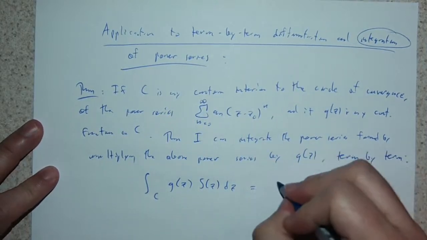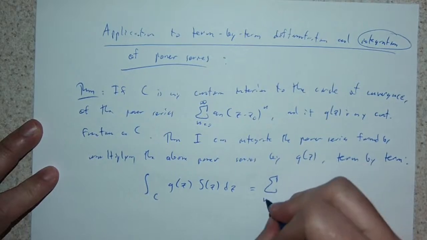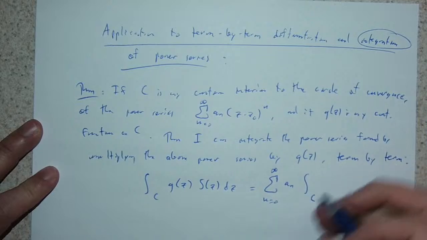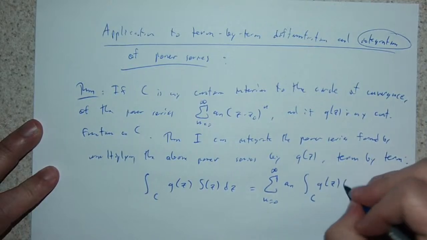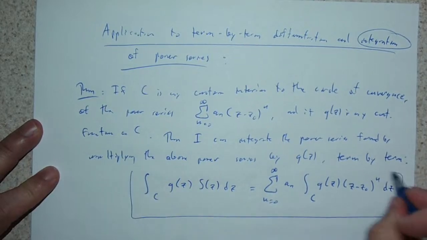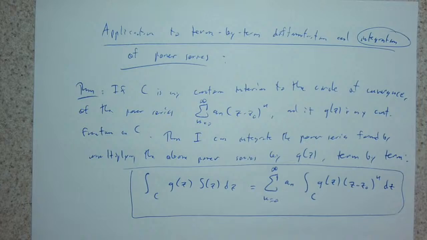And I'm claiming that I can actually break this up as the sum from n equals 0 to infinity of a sub n times the contour integral over C of g of z times z minus z naught to the n dz. So here's how I can do that term by term integration. Okay, so I can pull an integral through an infinite sum. This is the key. When you say you can do term by term integration, you're saying you can pull an integral through an infinite sum. You know you can pull an integral through a finite sum because integrals are linear. But there's some argumentation that has to go into showing you can do that in the case that the sum in question is infinite.